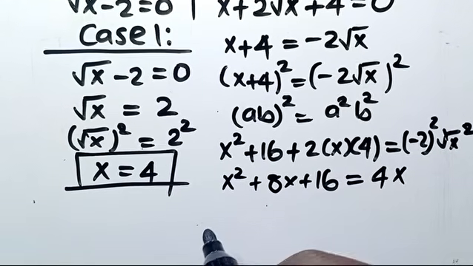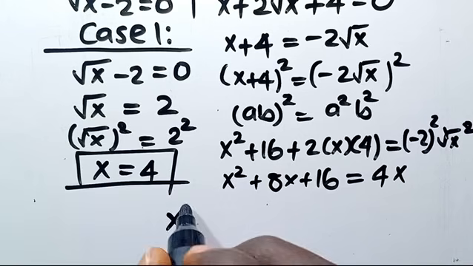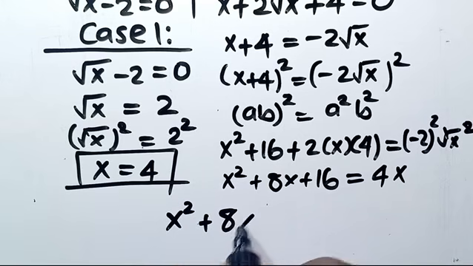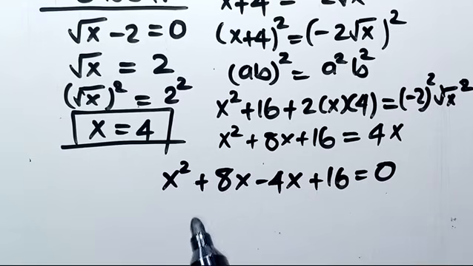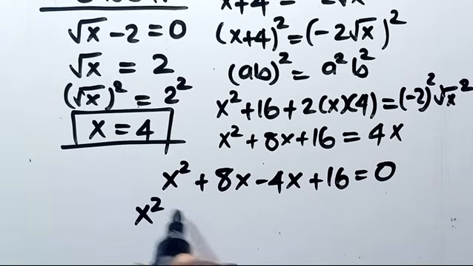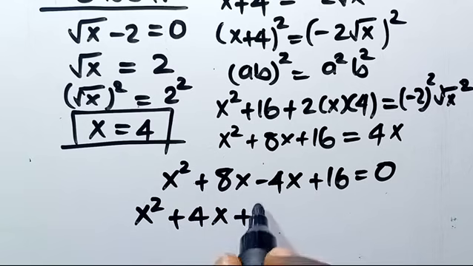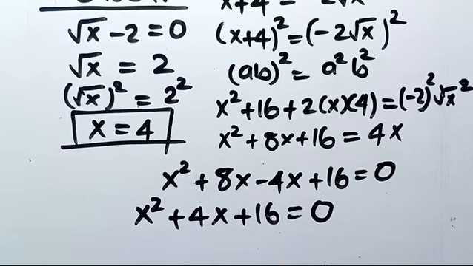Now, we have x² + 8x − 4x + 16 = 0. So we have x² + 4x + 16 = 0.